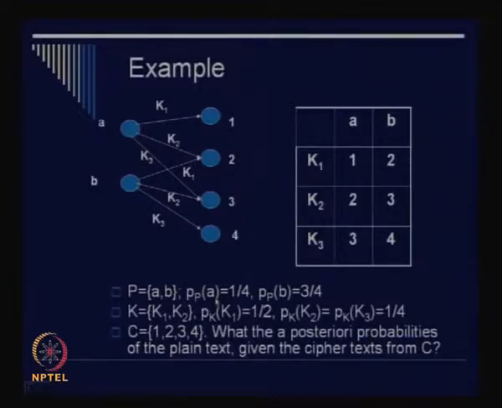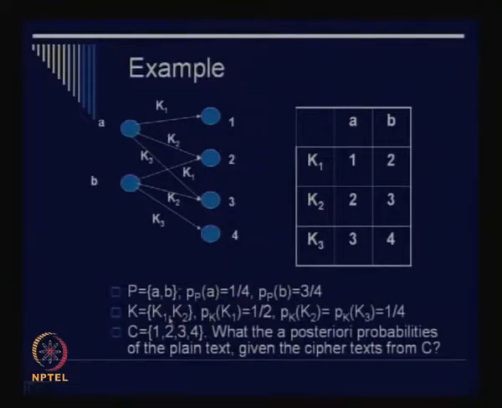So A has a probability of occurring and B also has a probability of occurring. The probability of occurrence of A is, say, 1/4, and this is given. The probability of occurrence of B is 3/4. Note that the probability of A plus the probability of B is equal to unity, which is obvious because A and B are the only possible text symbols.